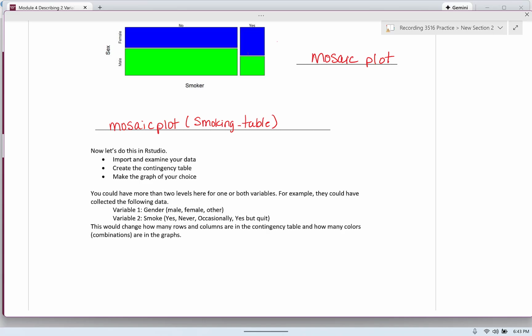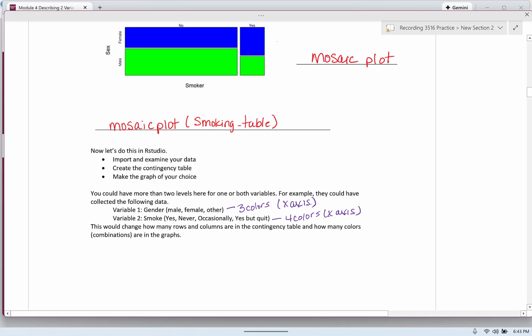So depending on whether you have variable one or variable two on your x-axis, if you have variable one on your x-axis, you would have three colors. If you had variable two on your x-axis, you would have four colors. So it just depends on which one's on your x-axis.